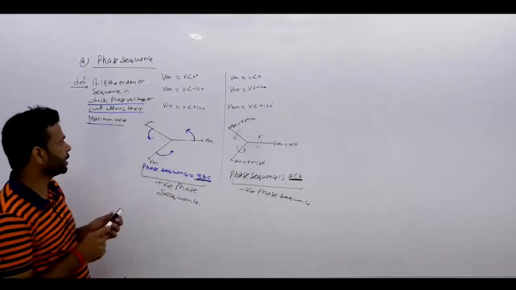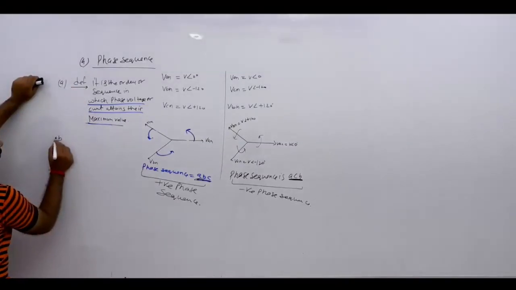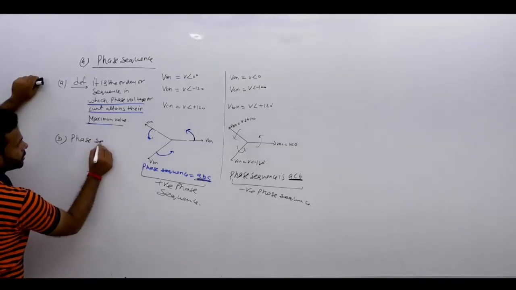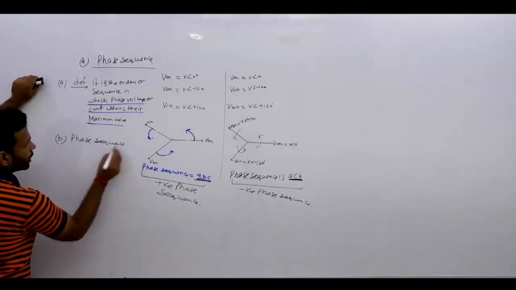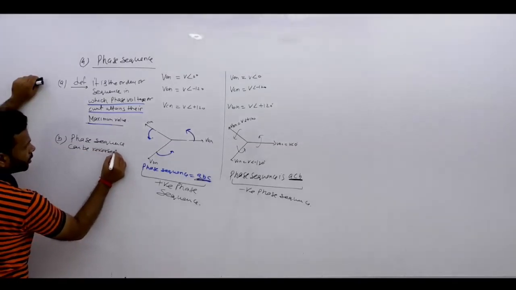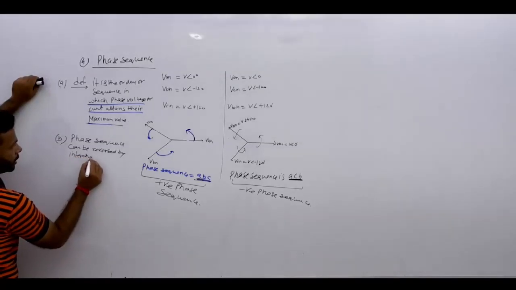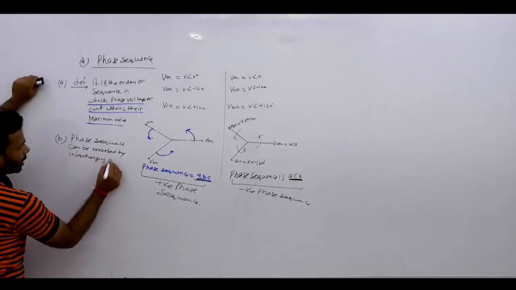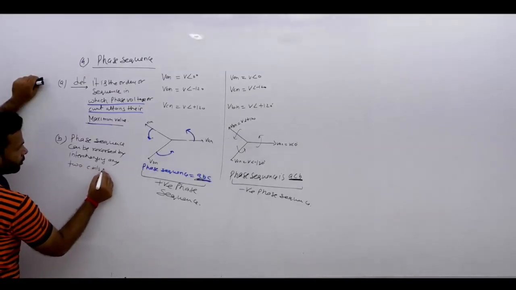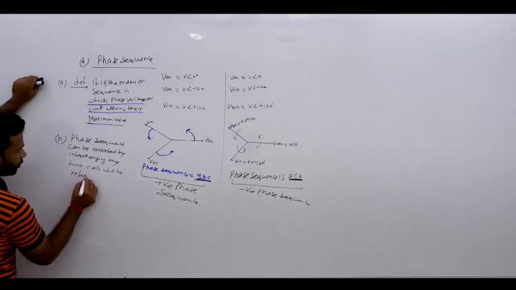So this is the first point. Second point, phase sequence can be reversed by interchanging any two coils with respect to the reference phase.